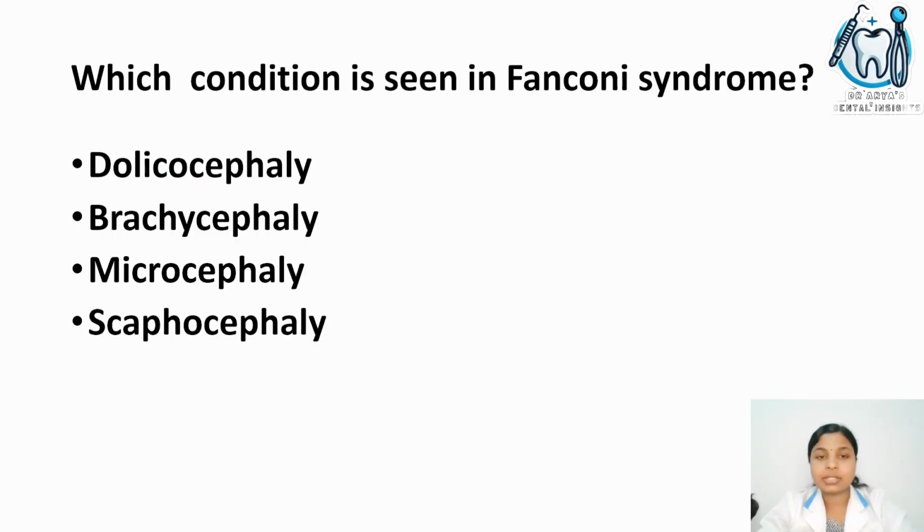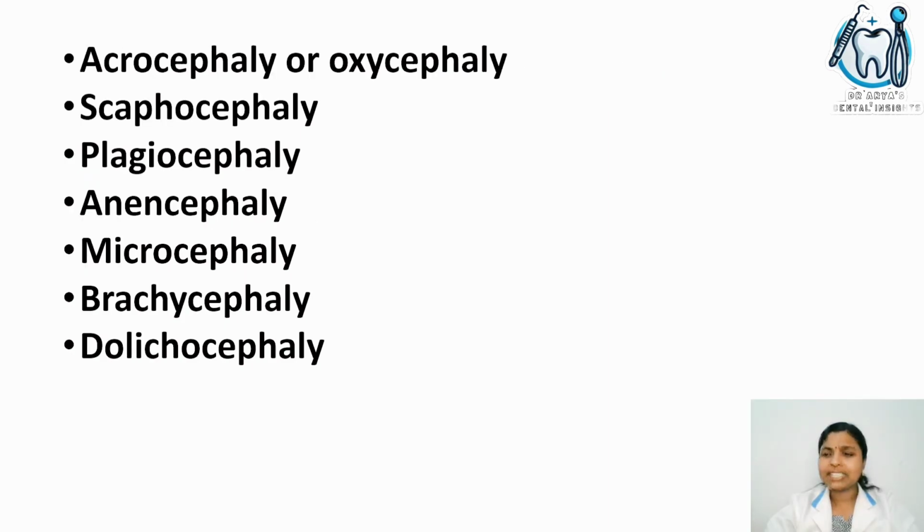So coming to the next question, which condition is seen in Fanconi syndrome? Dolichocephaly, brachycephaly, microcephaly, or scaphocephaly? Let's see some conditions: acrocephaly or oxycephaly, scaphocephaly, plagiocephaly, anencephaly, microcephaly, brachycephaly, and dolichocephaly.